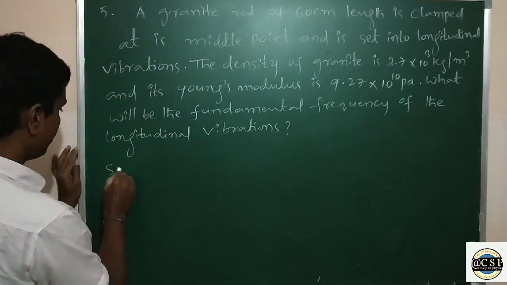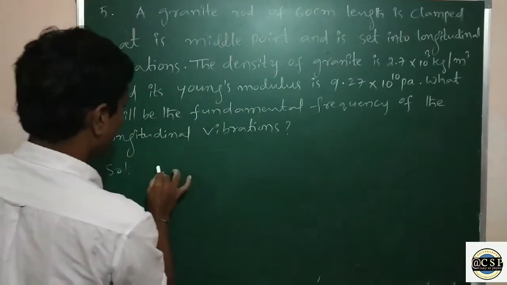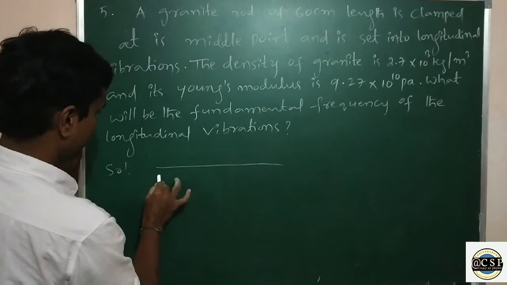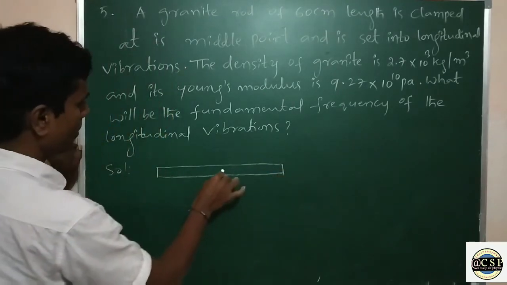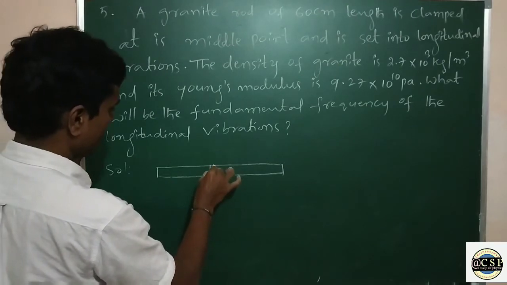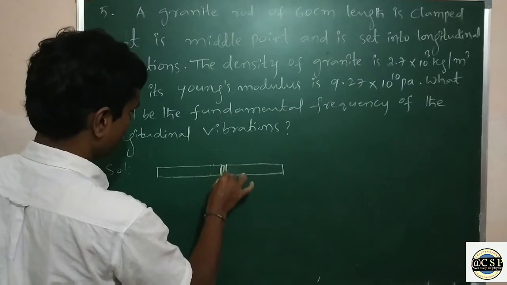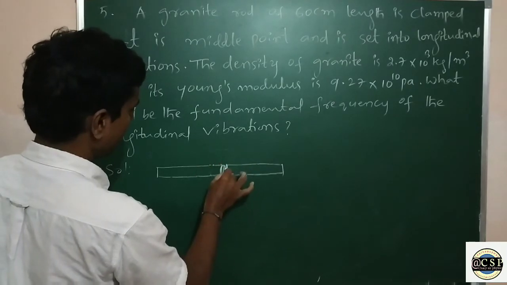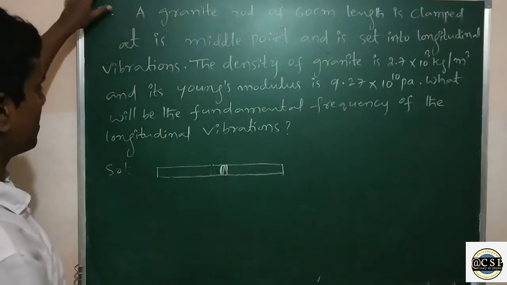Suppose here is a granite rod given. This is one of the rod. The middle is clamped. So it is clamped. Okay, rod is 60 centimeters.